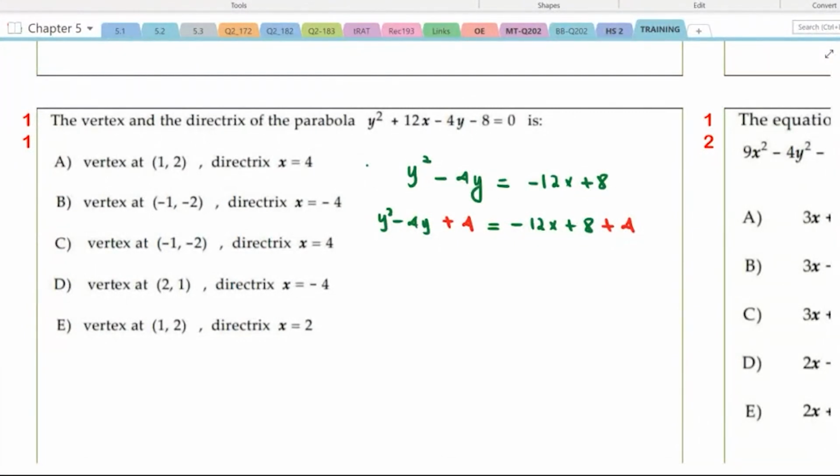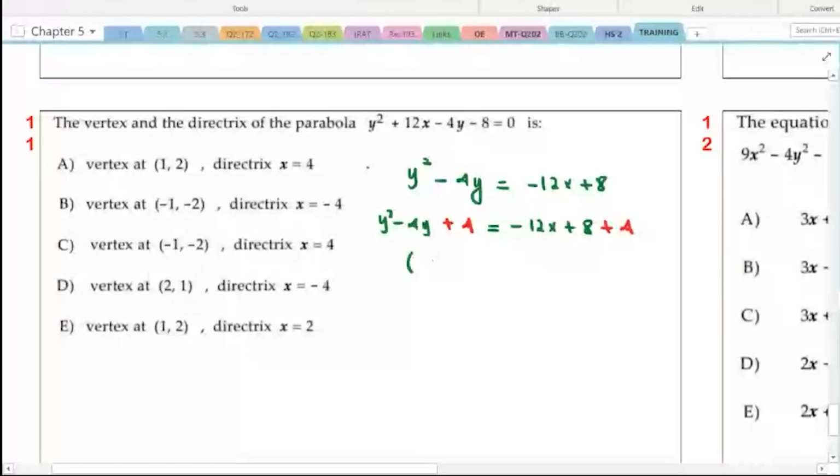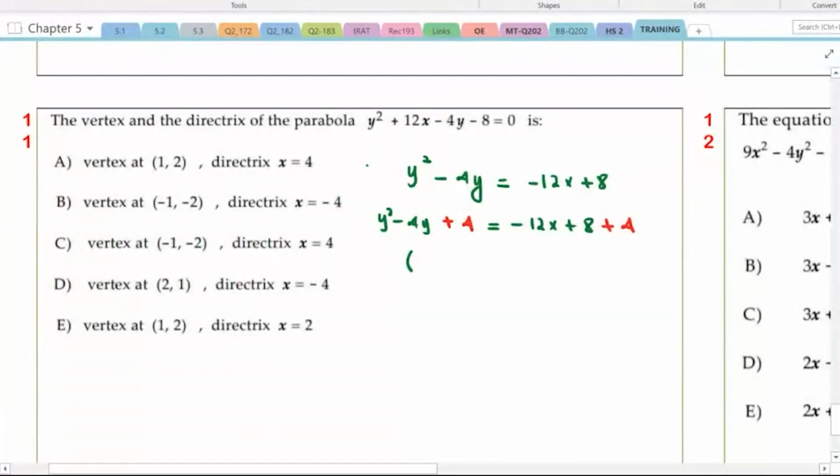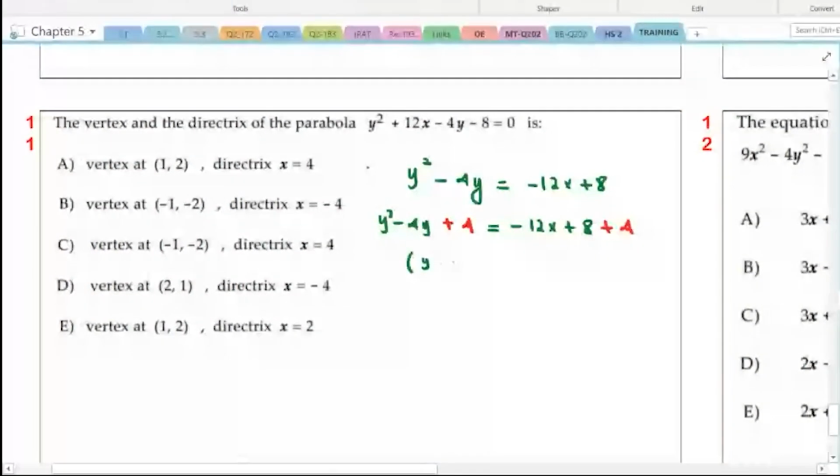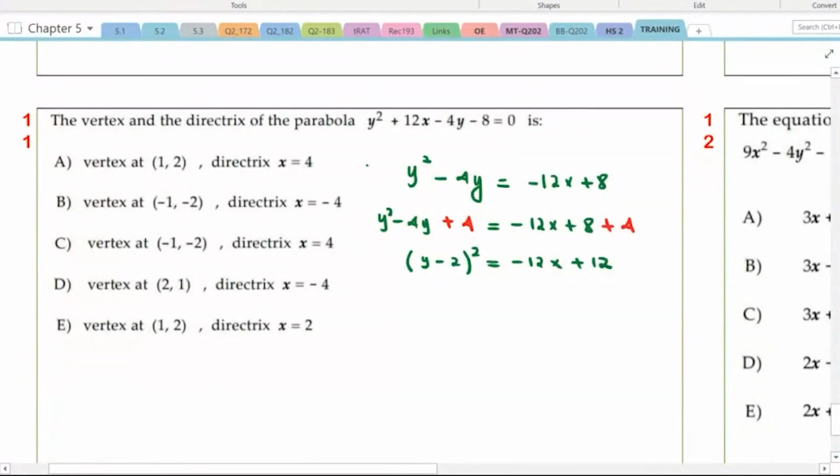So now let us make it a perfect square. We have y minus 2 all squared equal to minus 12x plus 12. Gentlemen, here we are supposed to make the coefficient of x just 1.